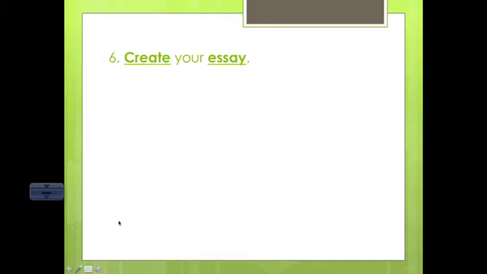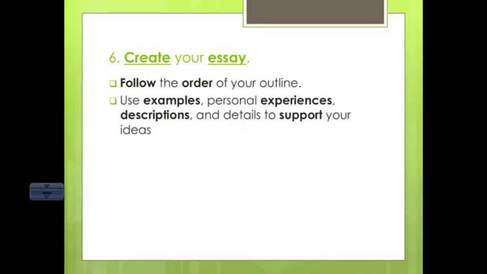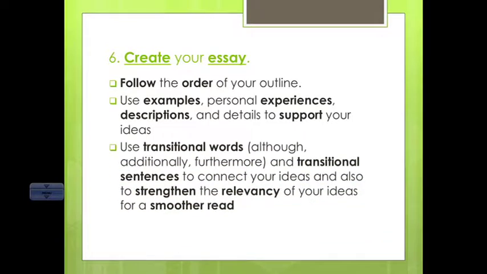So the sixth step is to actually create your essay, and you want to keep in mind to follow the order of your outline, as well as use examples, personal experiences, descriptions, and details to support your ideas. You want to use transitional words such as although, additionally, furthermore, and use transitional sentences to connect your ideas and also to strengthen the relevancy of your ideas for a smoother read.